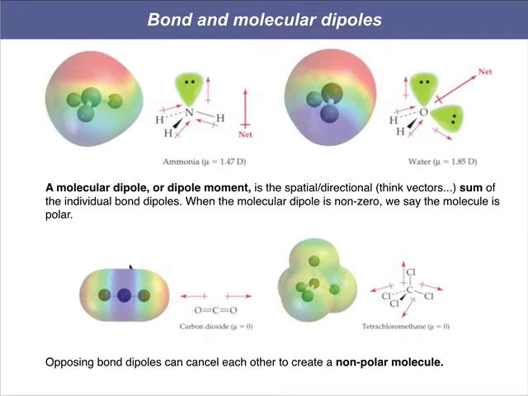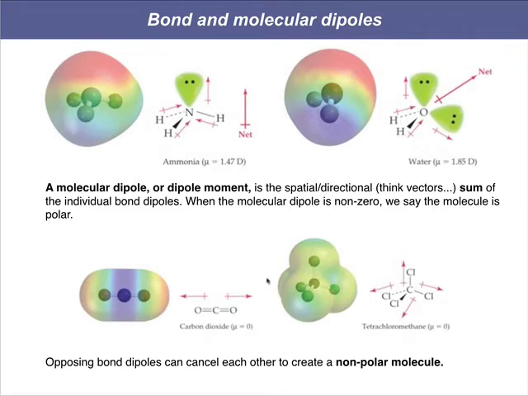But if we look at that structure for carbon dioxide, we actually don't have a dipole. We don't have two poles. This molecule has only a negative end and another negative end. There's no positive end to this molecule. In fact, these dipoles directly oppose each other in direction and strength. And that essentially causes them to cancel each other out.